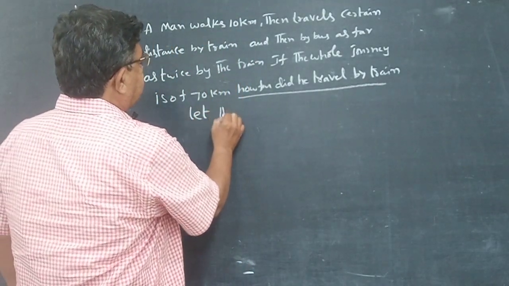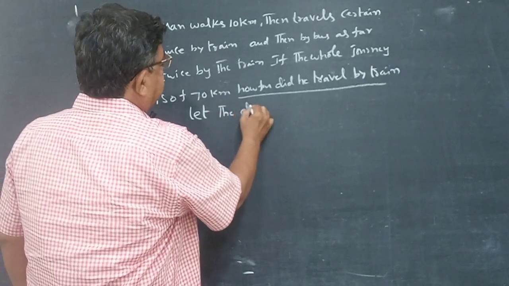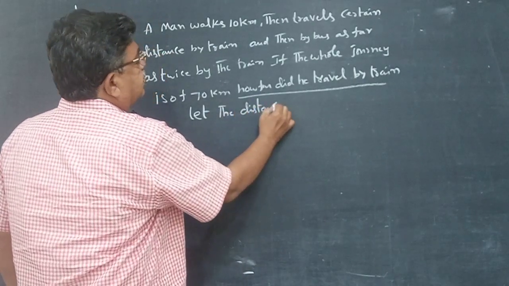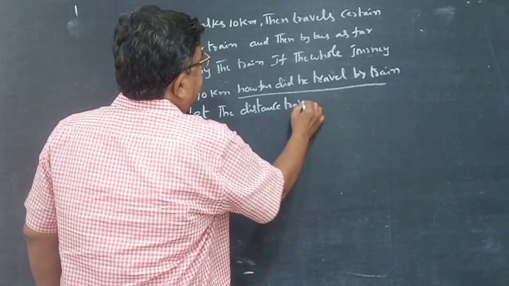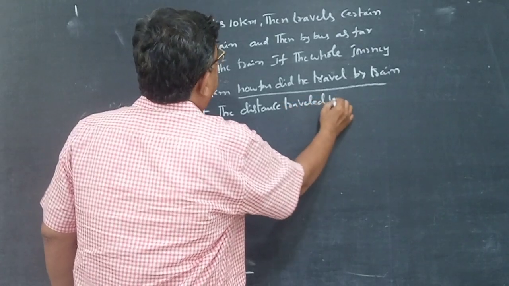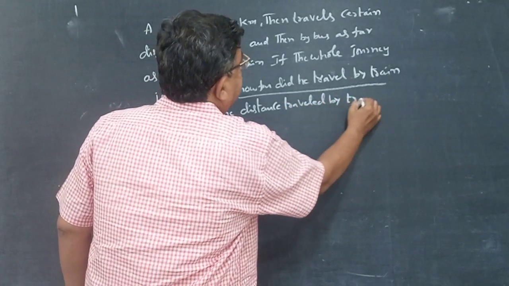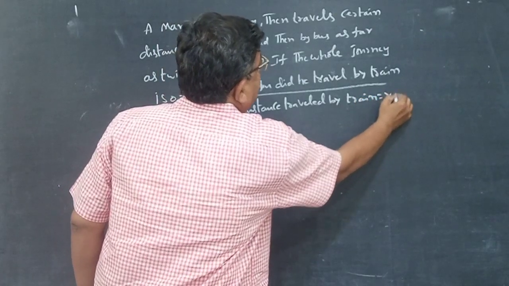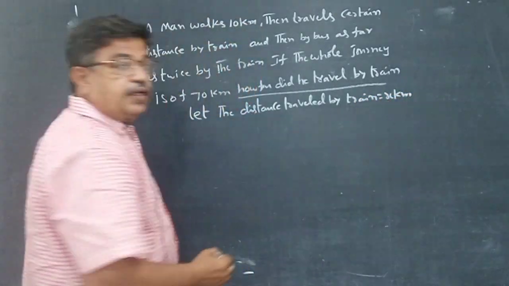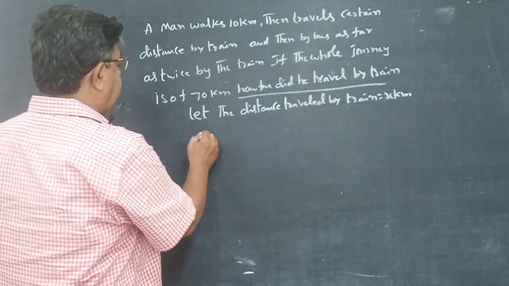Let the distance traveled by train be x kilometers. Distance traveled by train equal to x kilometers.